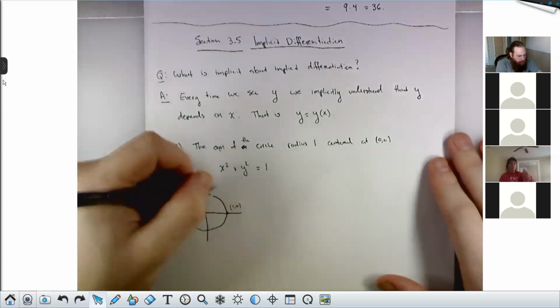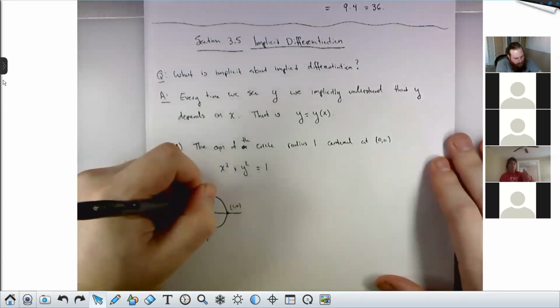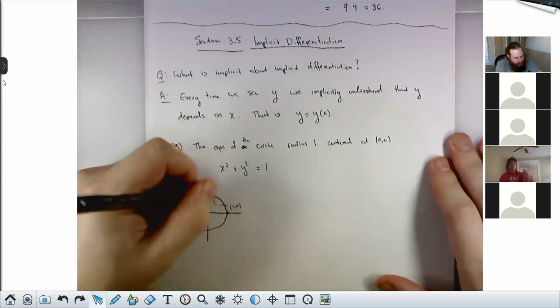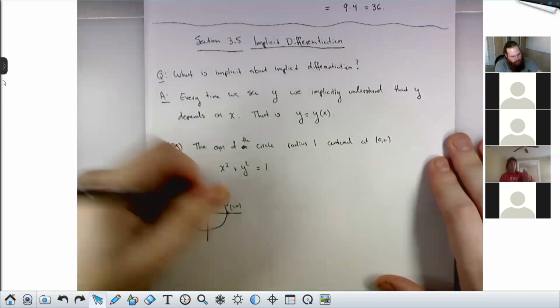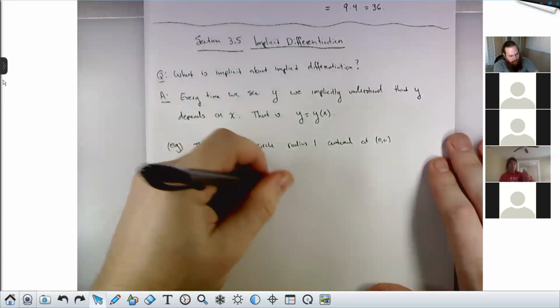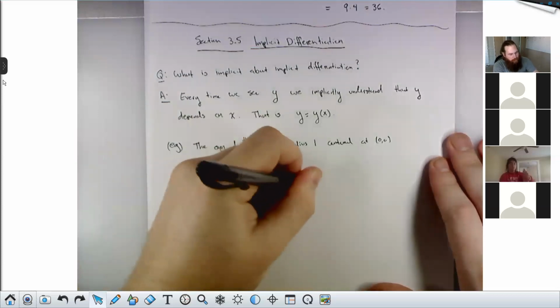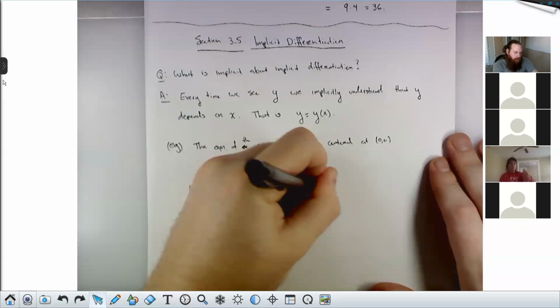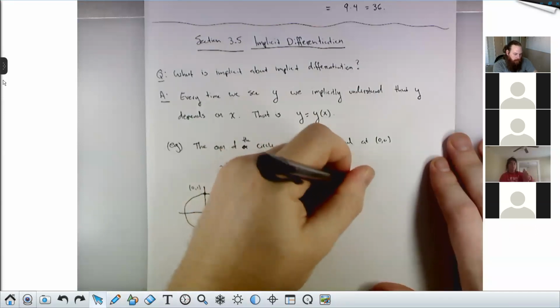But if you were to zoom in and just take some little piece like this, so let me say this first. Overall, y is not a function of x.